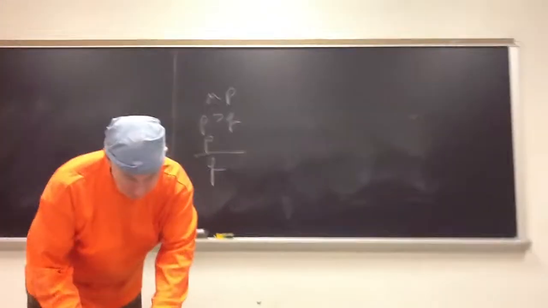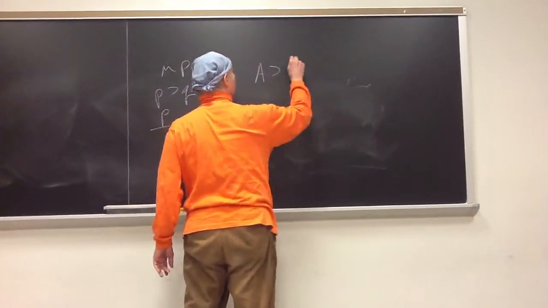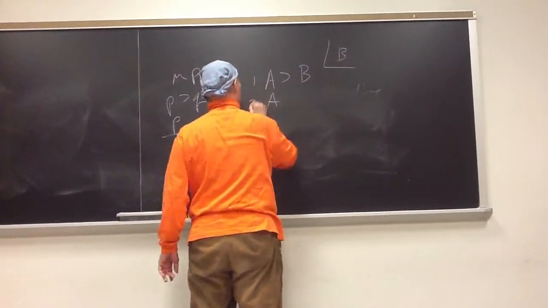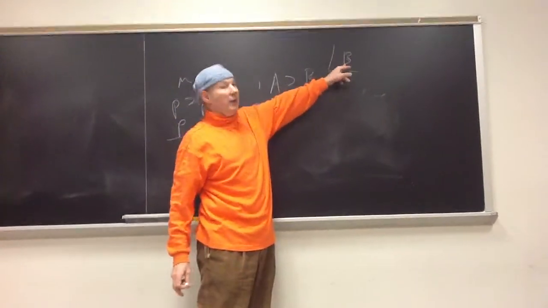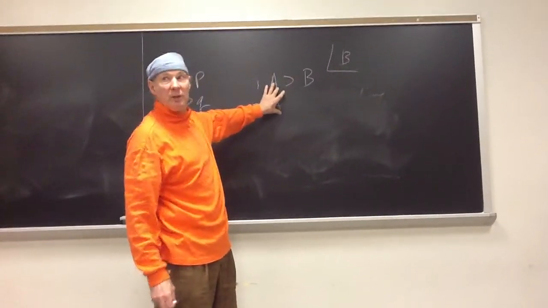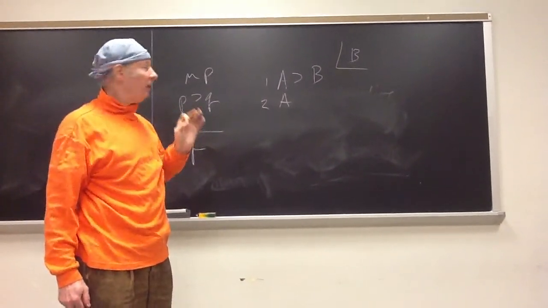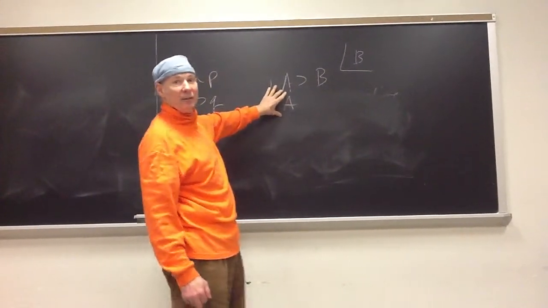So let's do a problem involving modus ponens. So suppose you're given two premises, and you want to show that this validly follows from these premises. You need to know which rule tells you that this follows from what you have.